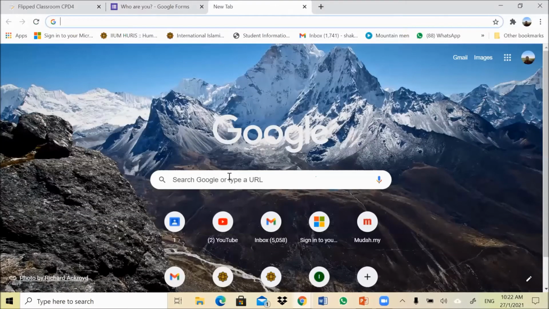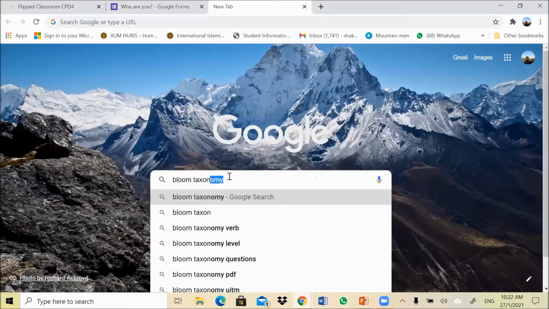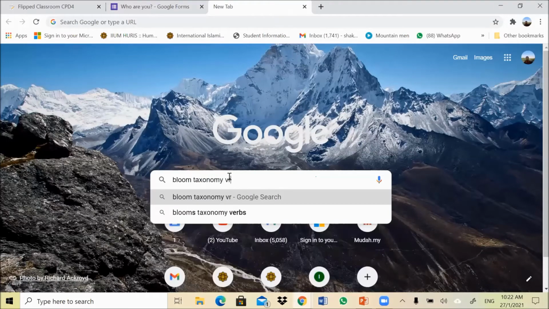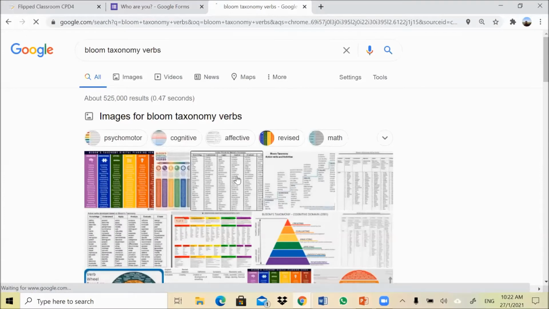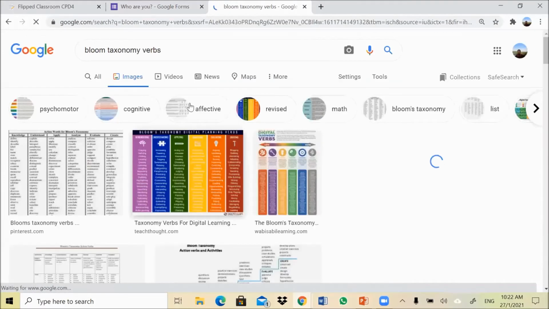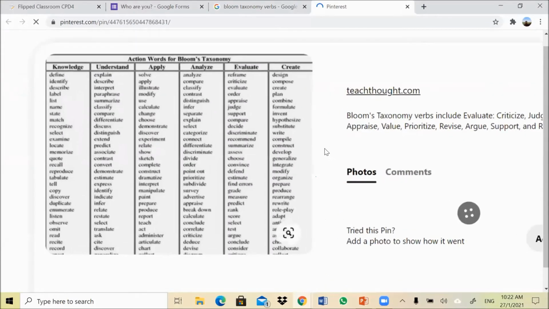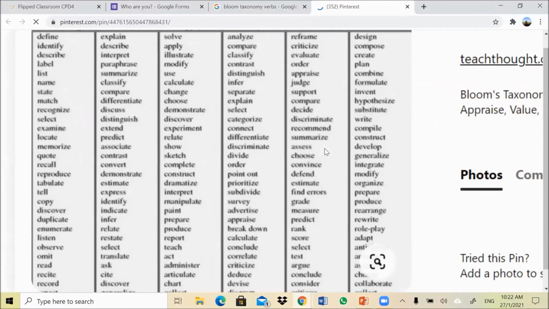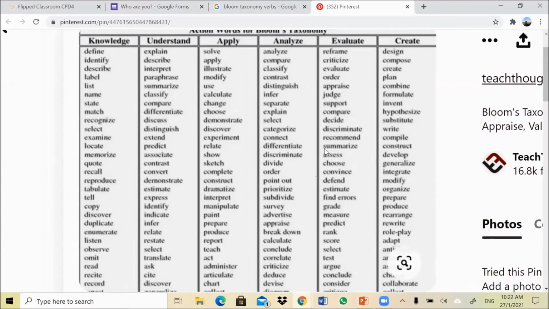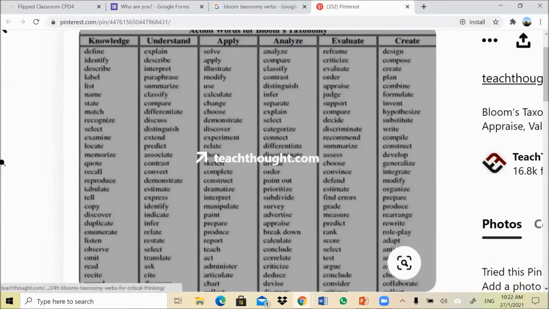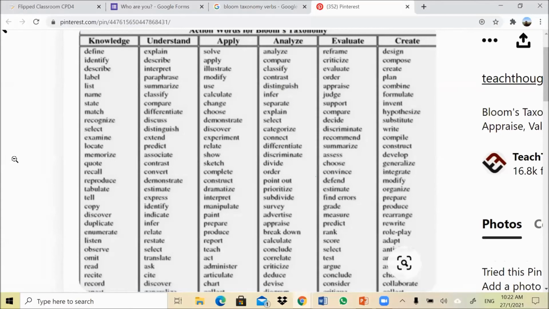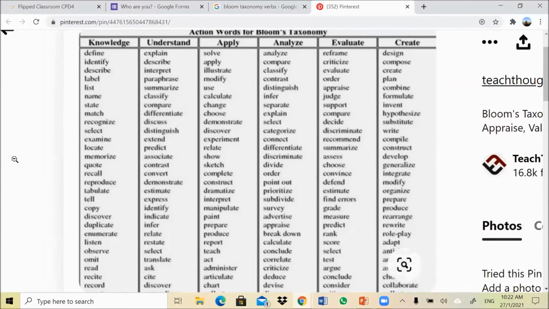I'll type in the verbs, because these are the verbs that we use to make our objectives. I hope that's big enough. Can you see those? Yeah, it's okay. It's a bit blurry, but it's okay. Sorry for the poor quality.